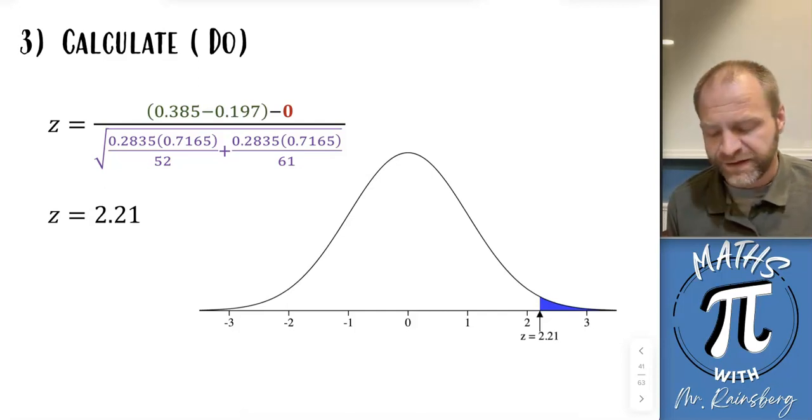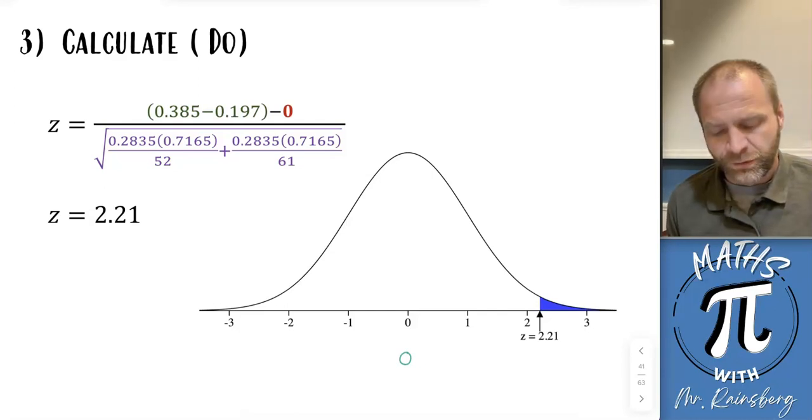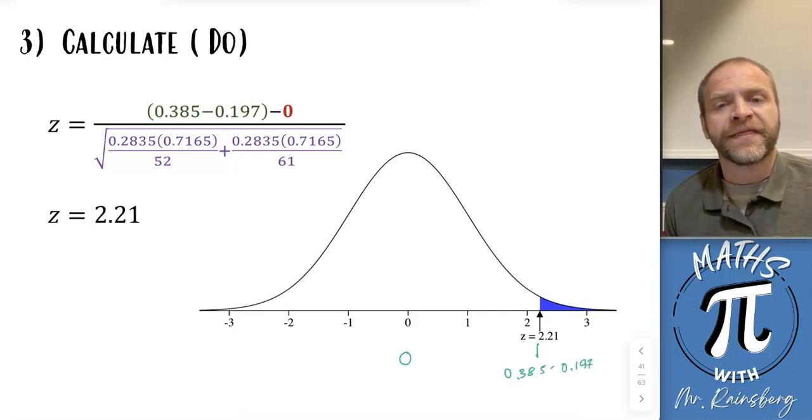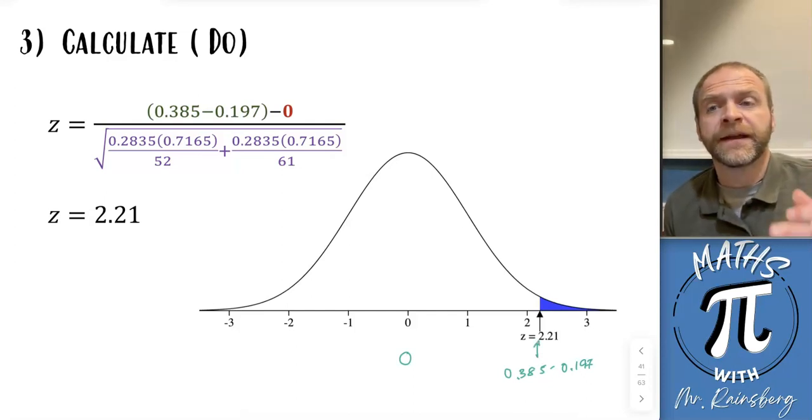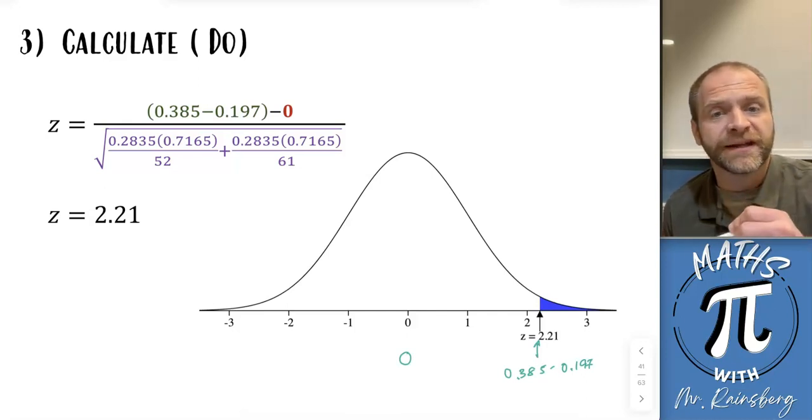Right here is saying that I have a difference of 0 between them. Right here is going to be my 0.385 minus my 0.197. That's going to be the location when you're looking at your p hats. The p hats of 2017 minus the p hats of 2014. That's where the location falls from what we witnessed.